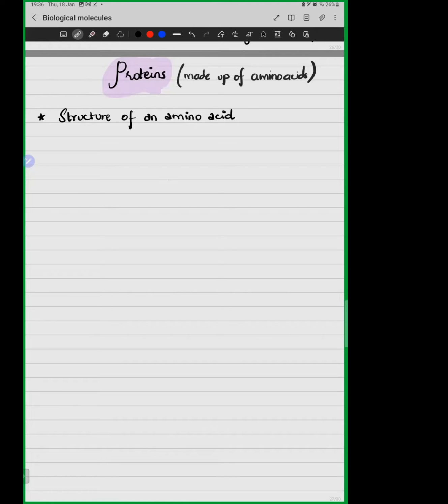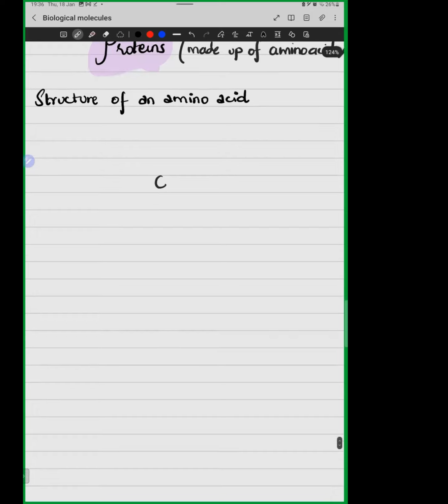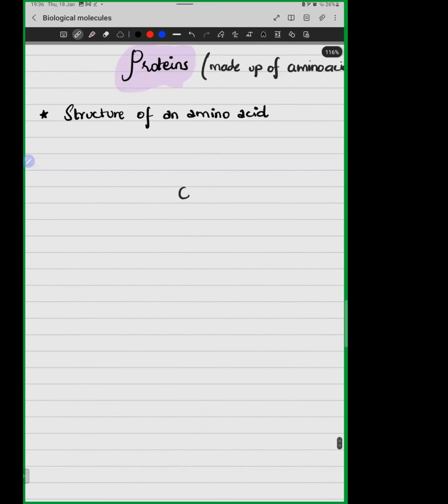So first and foremost, we have a central carbon atom. ठीक है जी? And around this carbon atom, the rest of the structure of an amino acid is formulated. So first we have a hydrogen. Then it's bonded to a carboxyl group. Carboxylic group is basically the carboxylic acid group that you've studied. So this is your carboxylic group over here.